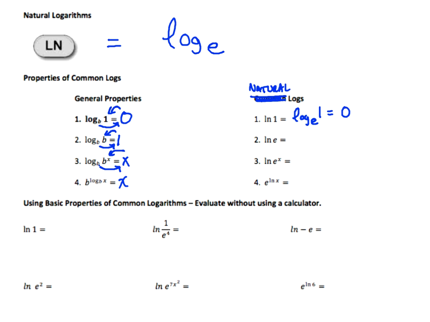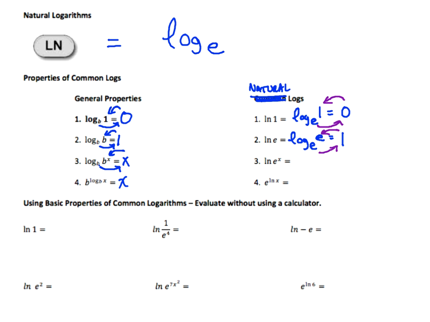And that is because e raised to the 0 power is 1. The next one, ln of e. That's the same thing as log base e of e. Well, that's going to be 1 because e raised to the first power is e.